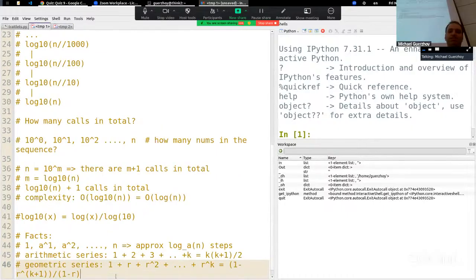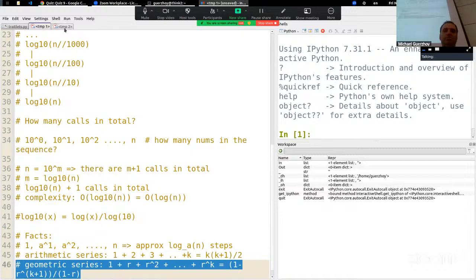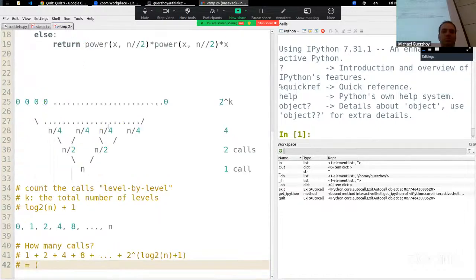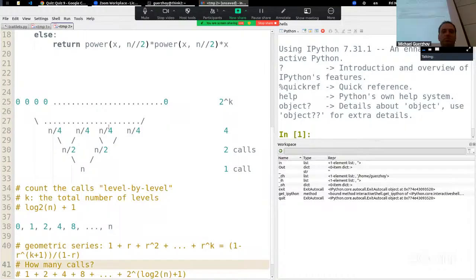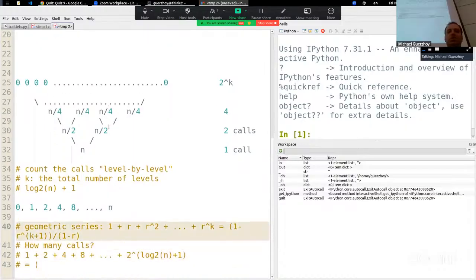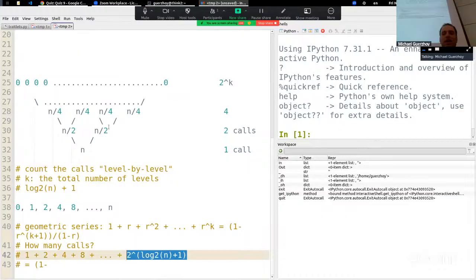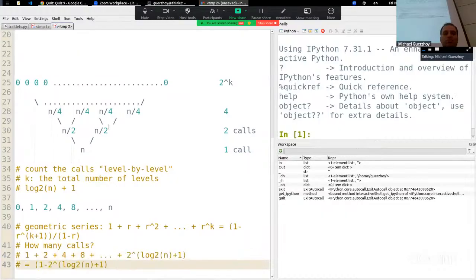I'll copy this. So this is this. So this is 1 minus this whole thing plus another 1, divided by 1 minus 2.